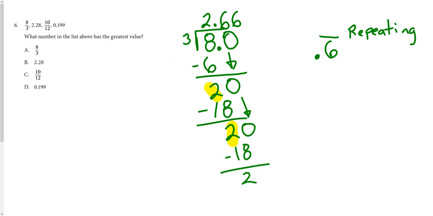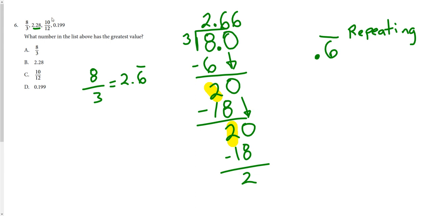So we got that 8 over 3 was equal to 2.6 with that repeating. I mean, the repeating doesn't really matter here because 0.6 is already greater than 0.28, right? Like 60 cents greater than 28 cents. So this would be the larger number.